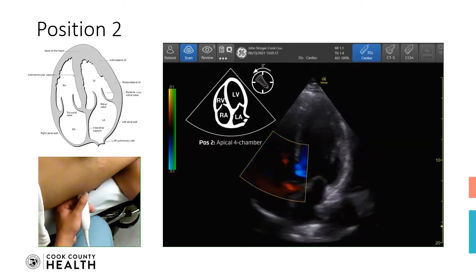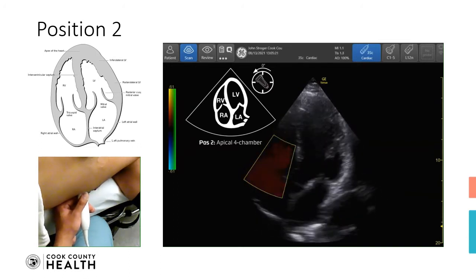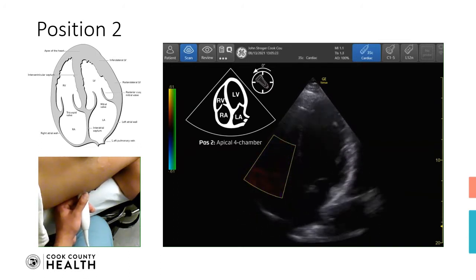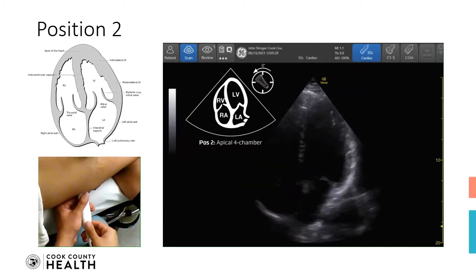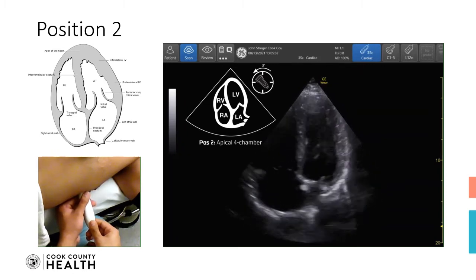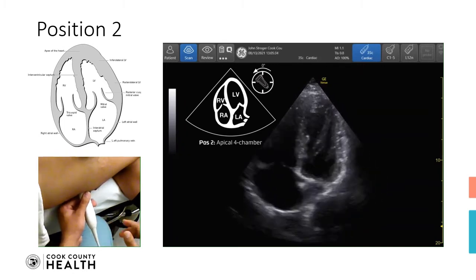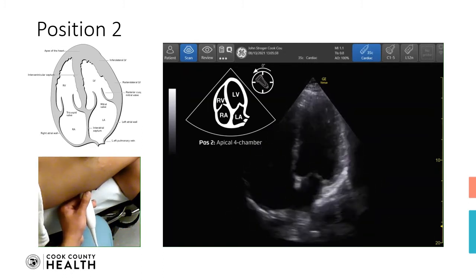And we are going to evaluate the tricuspid valve with color. As you can see, the tricuspid valve is not well visualized now, so it can be better visualized by just moving the probe towards the right side of the heart a bit when you want to evaluate the tricuspid specifically.